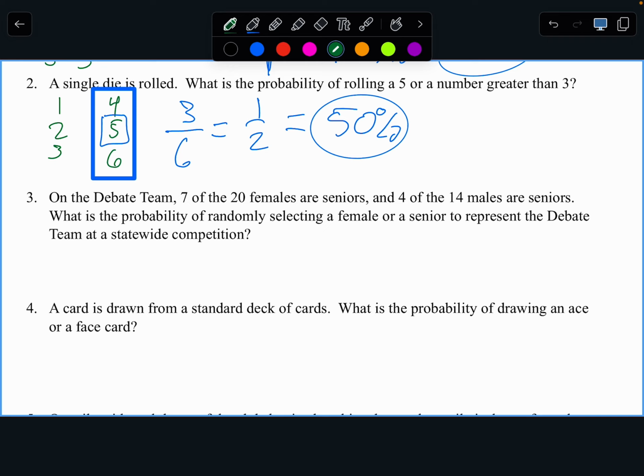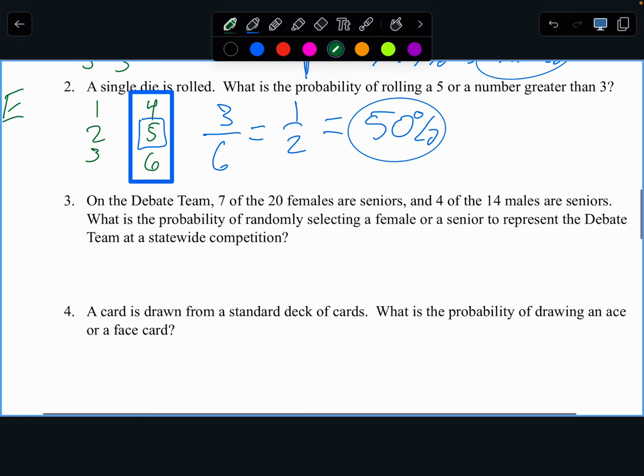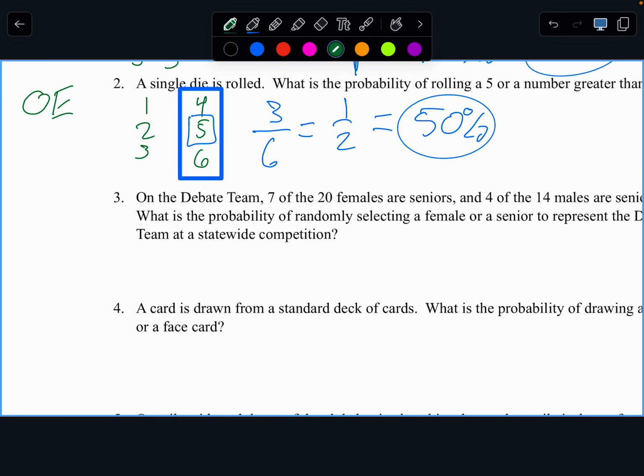Let's first determine, are these mutually exclusive or overlapping events? Is there a scenario where a student could be both female and a senior? The answer is yes. So the fact that one person could represent both categories tells us these are overlapping events.